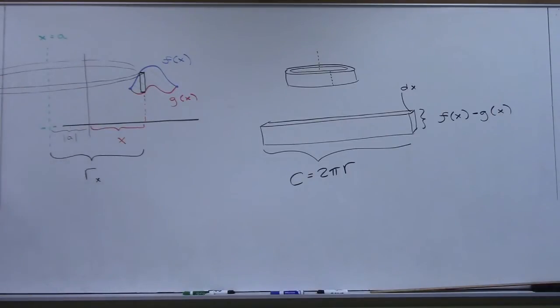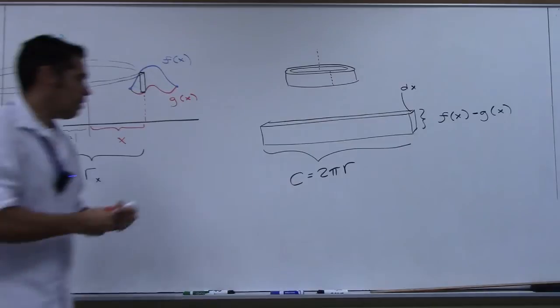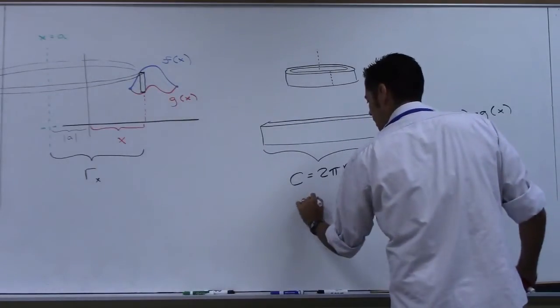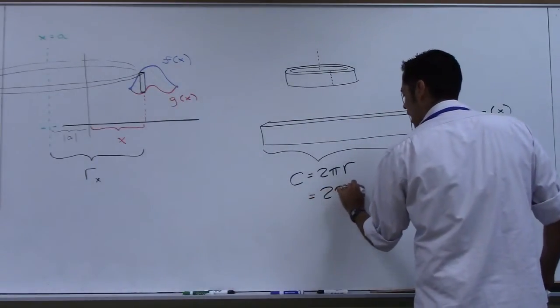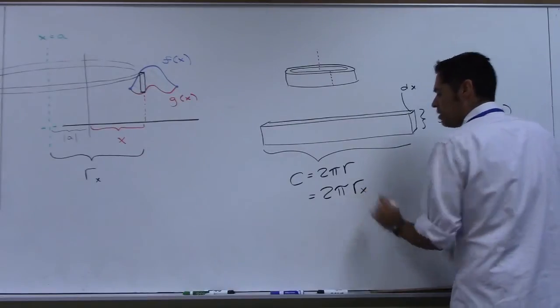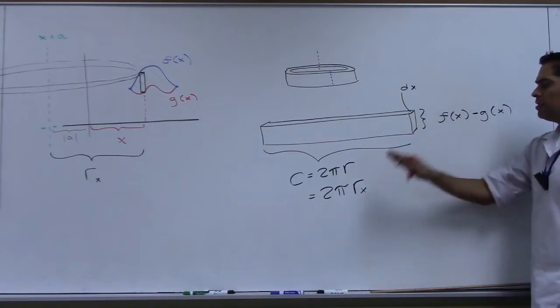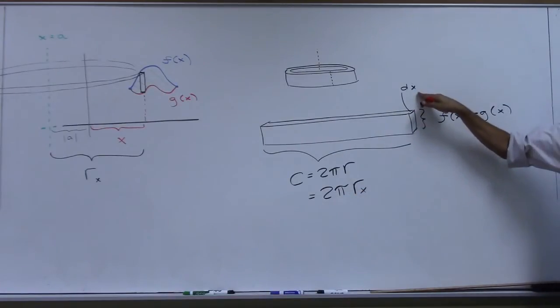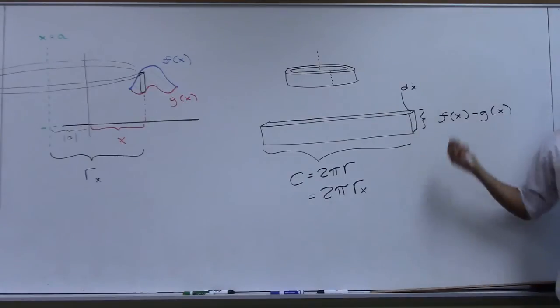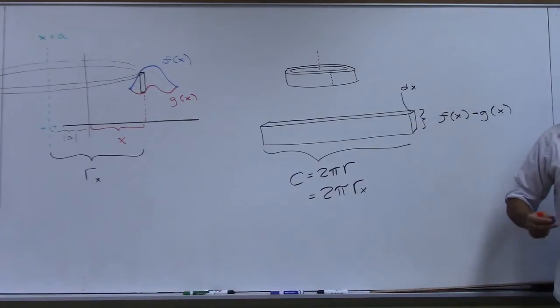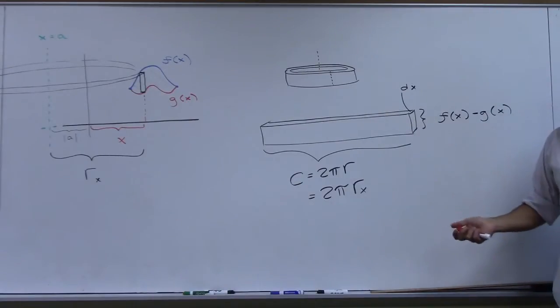All right? So if this part right here becomes 2 pi and then some radius that's a function of x, then my volume of this is just this times this times this. And then we add them all up, right? Which means we bring in the integral. We go from a to b. We're done.